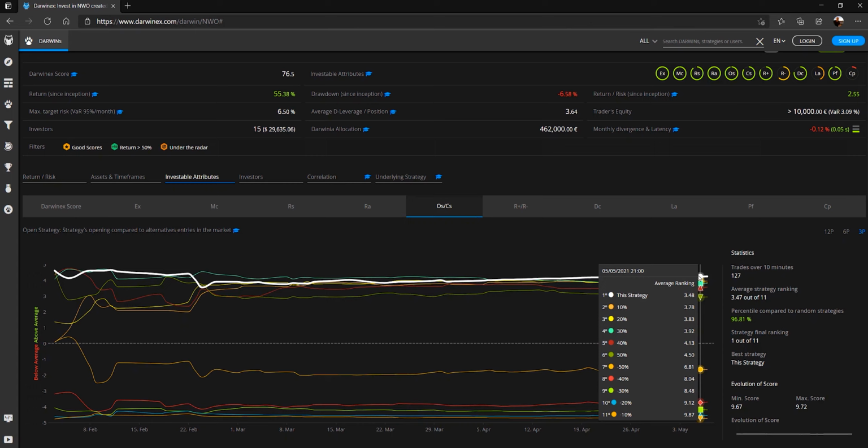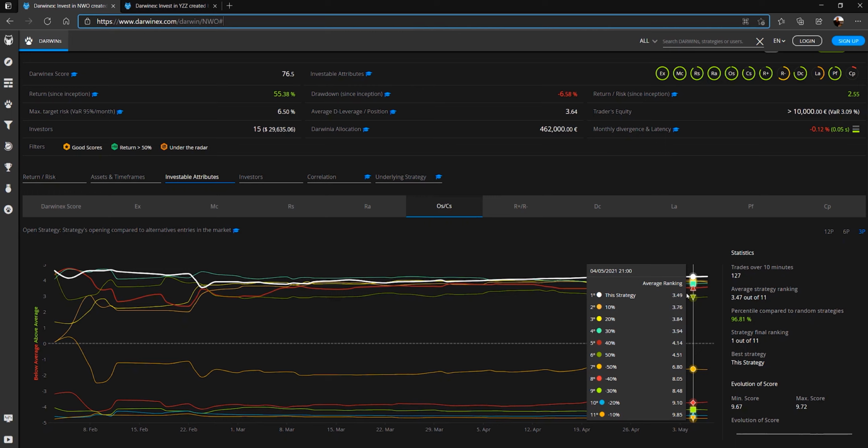And then the negative percentages are just the opposite. So minus 10% means the trade was opened 1 hour earlier. Minus 50% means the trade was simulated as opening 5 hours earlier. And if any of those hypothetical alternative entries performed better than the actual, then you'd see those coloured lines higher up on the chart than the white line.